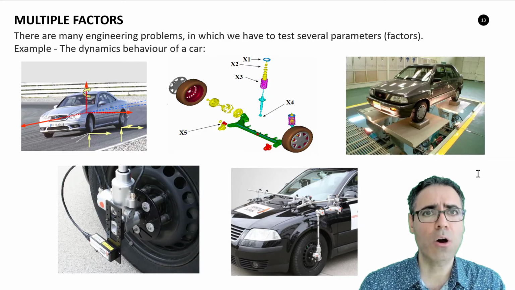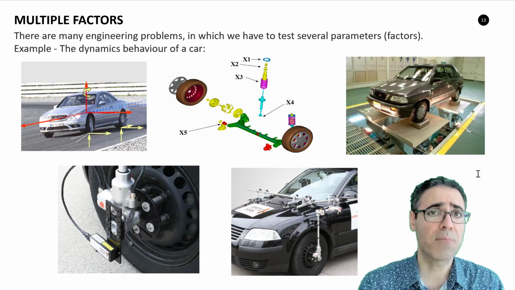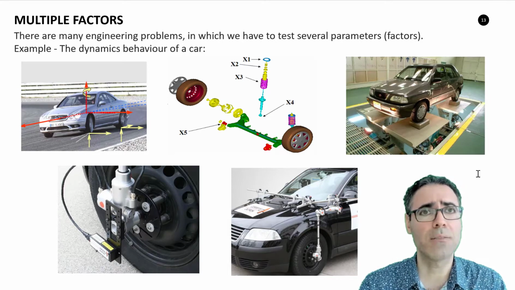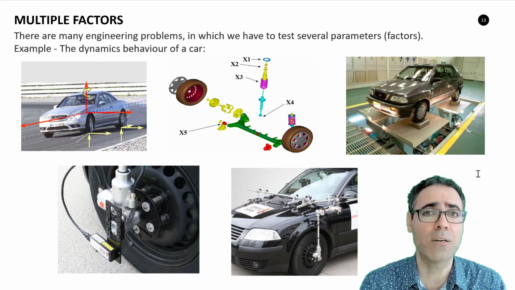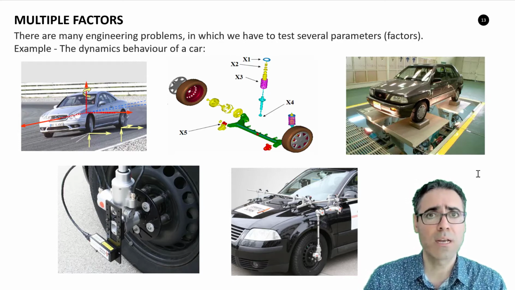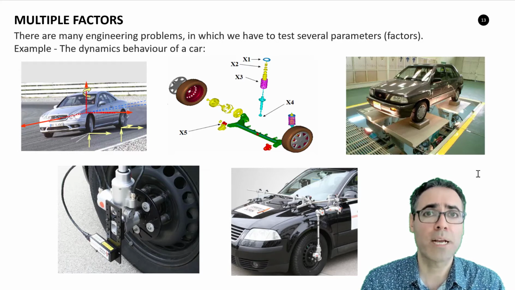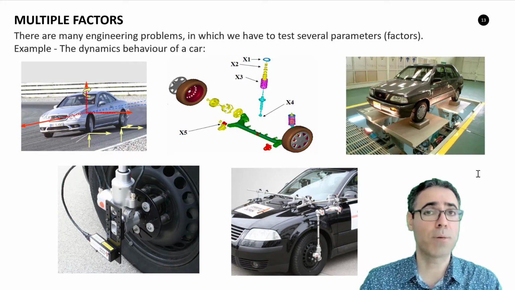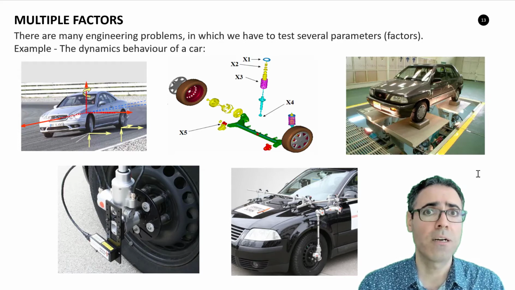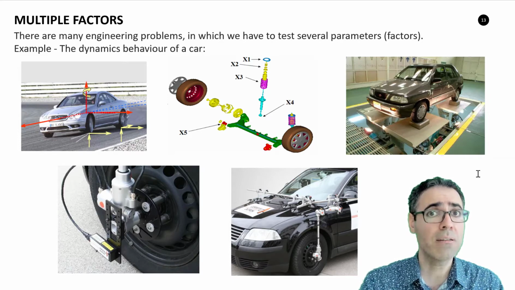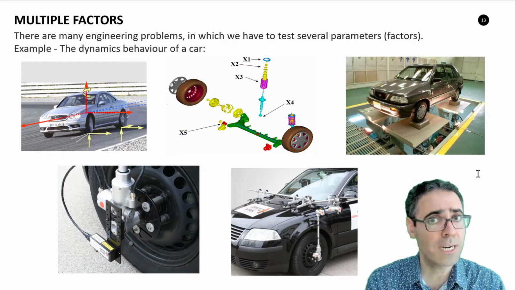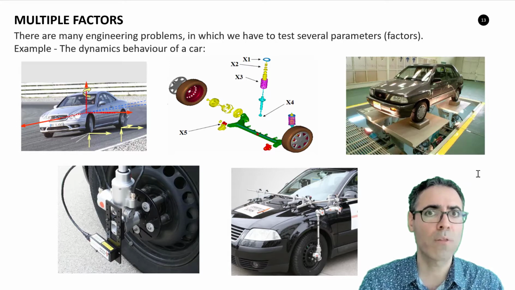For a passenger car, dynamics here means the ride and handling of a car. Ride means the level of comfort, so we want the minimum amount of vibration to transfer to a passenger or to the driver. And dynamics can also refer to handling. At the same time, we want the car to be stable.